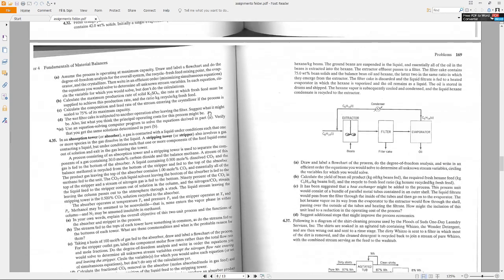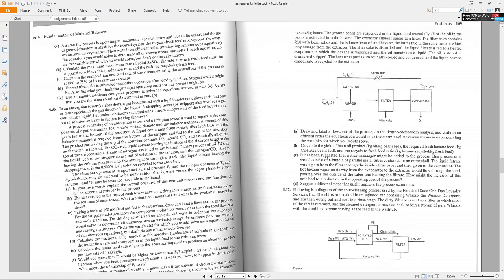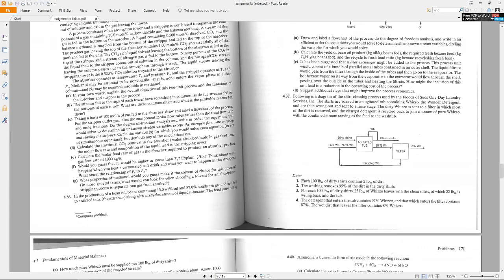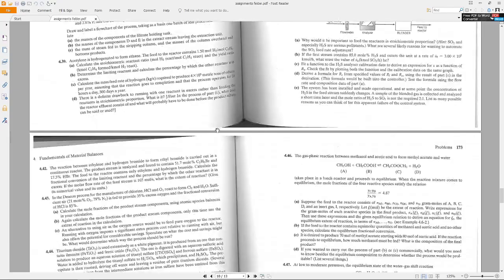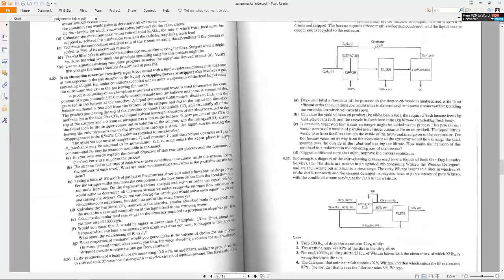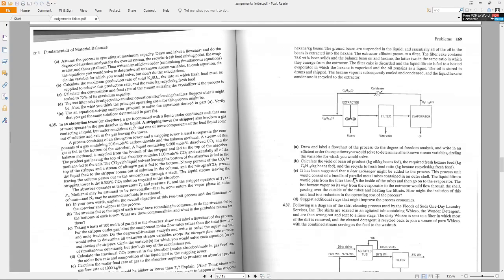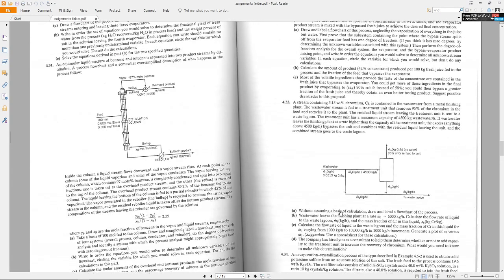I'll probably do the bean extraction as well. There was one in particular, and now I can't remember which one it was. I think I'll actually also go through 4-3-3, because that one is a bit weird.